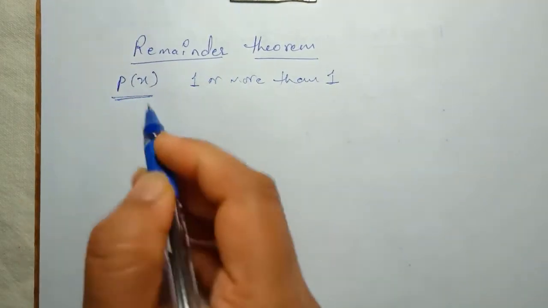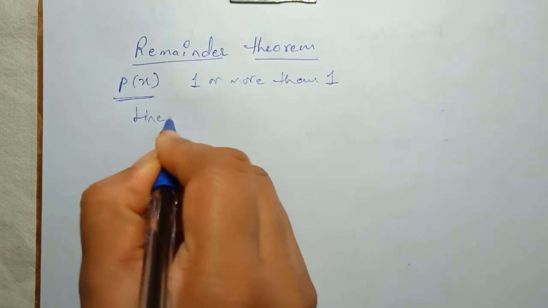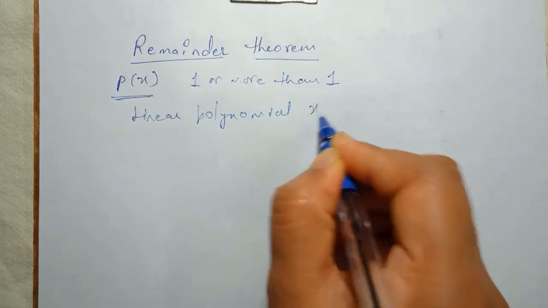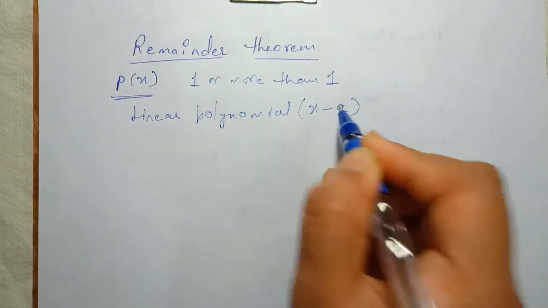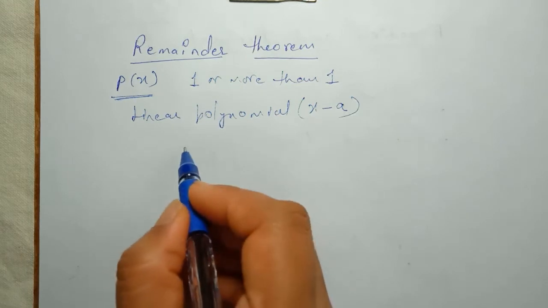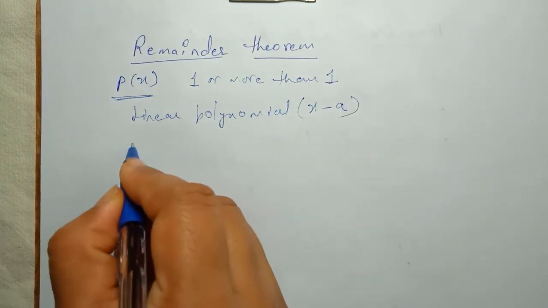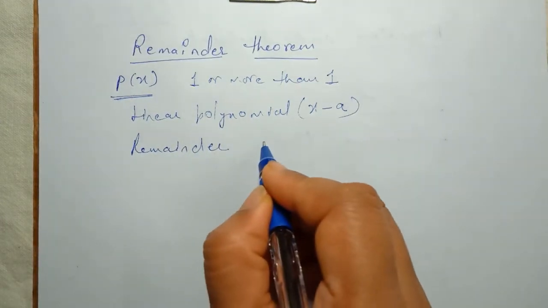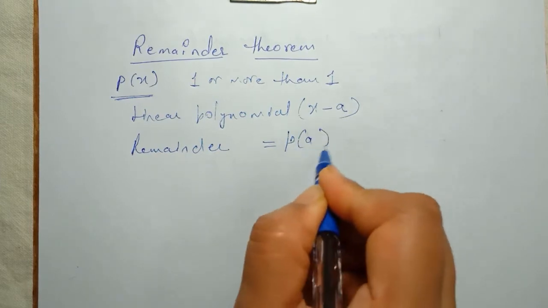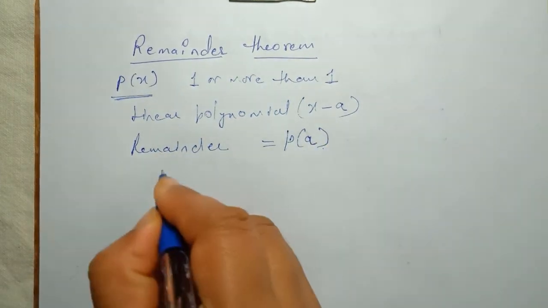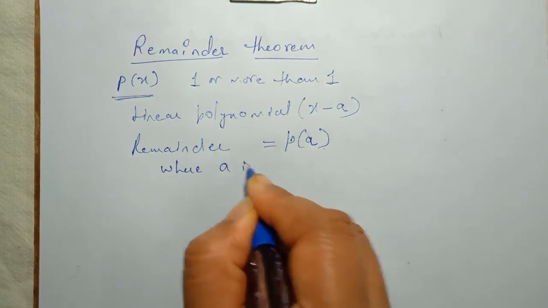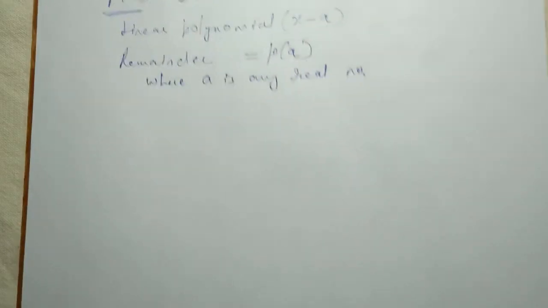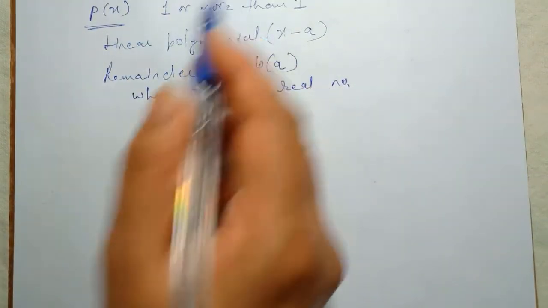If this polynomial is divided by a linear polynomial, let's say x minus a, then the remainder obtained will be p(a), where a is any real number. So this is the remainder theorem.